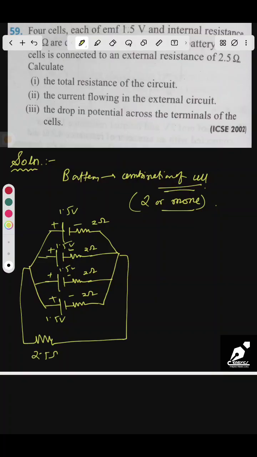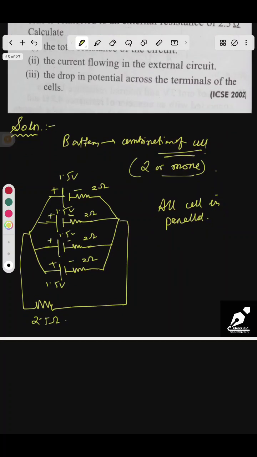Okay, we are asked to find the total resistance of the circuit. The total resistance will be the resistance of the cells plus the external resistance, that is 2.5 ohm. All cells are in parallel. So what will be the equivalent resistance of the cells?